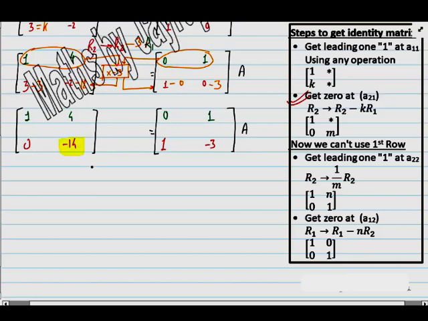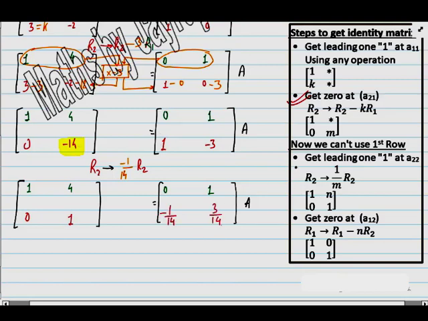So our next operation will be R2 gives minus 1 by 14 R2. So in this operation our first row will be as it is, and our second row will become 0, 1, then minus 1 upon 14 and 3 upon 14.